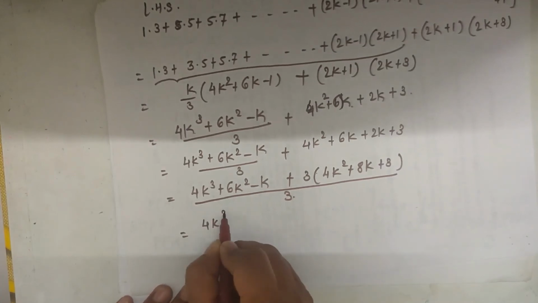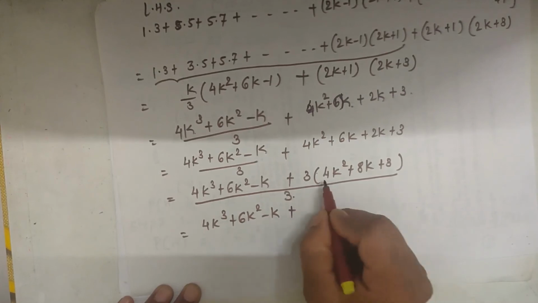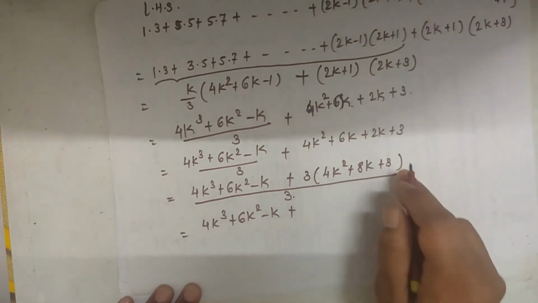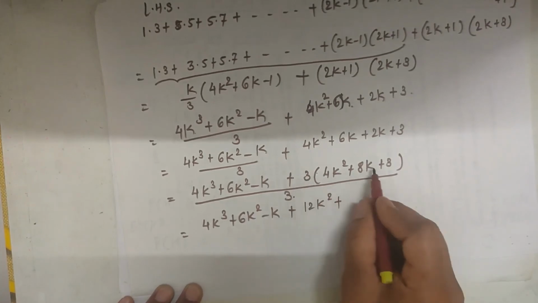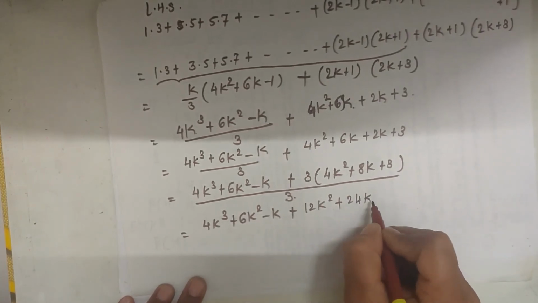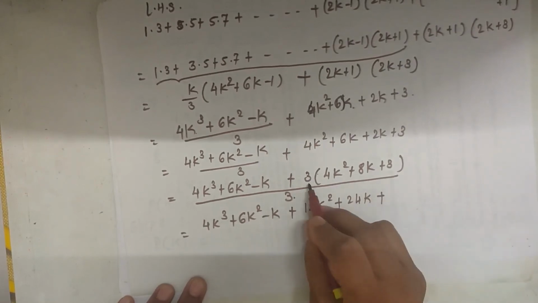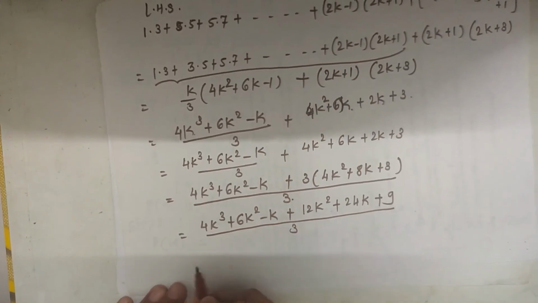So 4k cube plus 6k square minus k, plus multiplying by 3 to each term in this bracket, then 12k square plus 8 into 3, 24k, plus 3 into 3, 9, divided by 3.